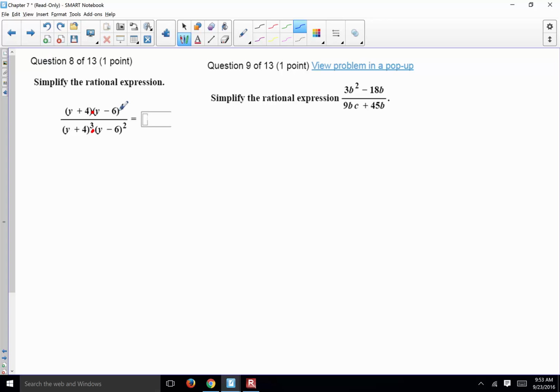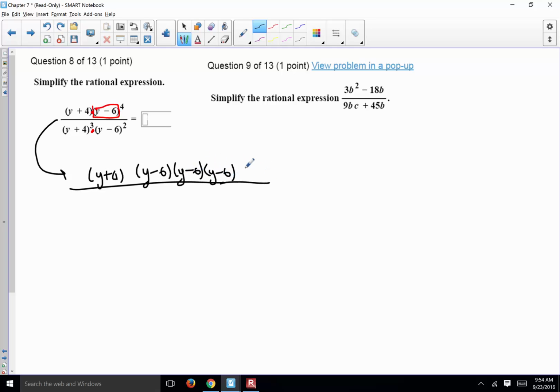Here, you have the same block, y minus 6, over and over 4 times. This is the situation here. You have y plus 4 single. But how many y minus 6's do you have? Not once, not twice, not 3 times, but 4 times. That 4 means that brick repeated 4 times.